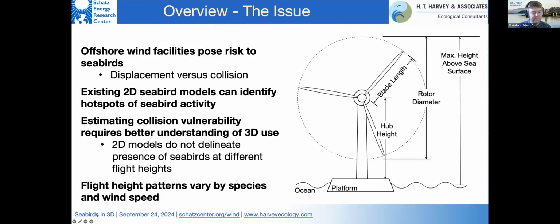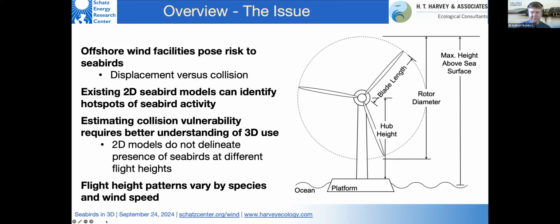Next slide, please. So the motivation for this project is that potential offshore wind development poses both displacement and collision risks to seabirds. Existing models of seabird activity focus only on density in 2D, modeling where seabirds occur with respect to latitude and longitude, but not where they occur in vertical space. Among seabird species, there's a wide range of flight patterns and behaviors.